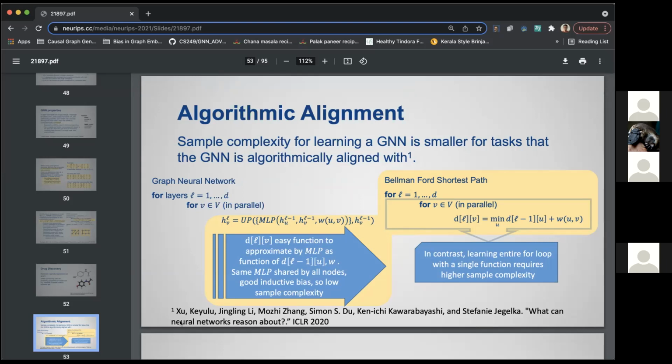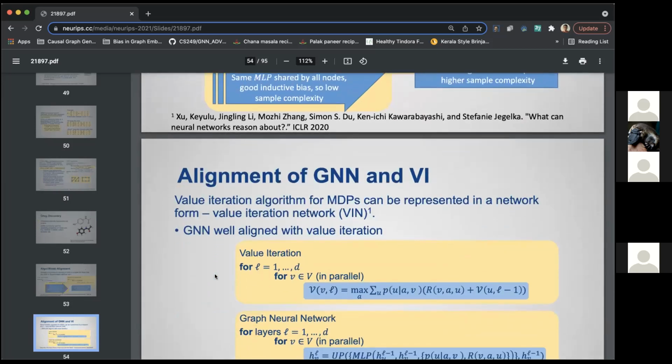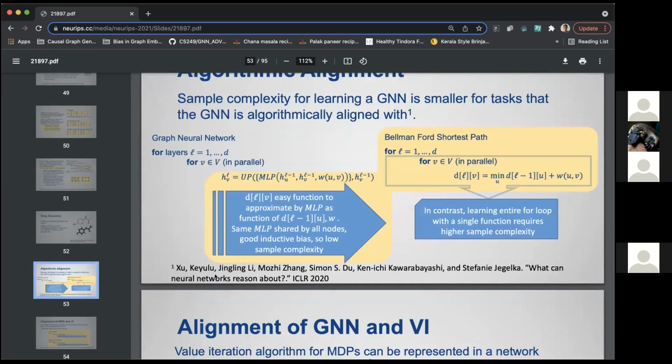Okay, so can I rephrase here? In that paper, they try to discuss the capability of GNN to see whether it can recover some existing graph algorithms, including the shortest path one, right? Yeah.